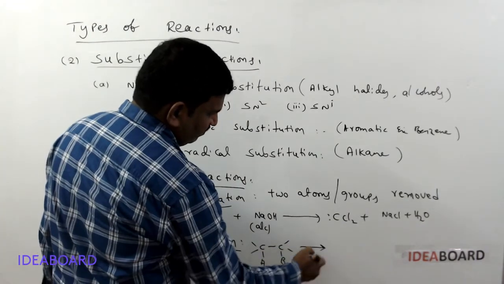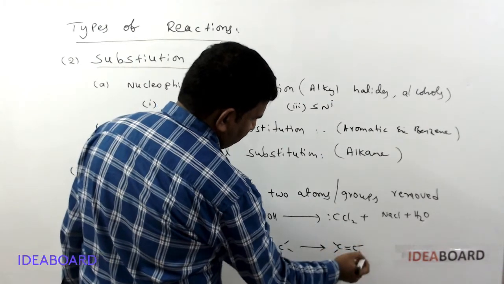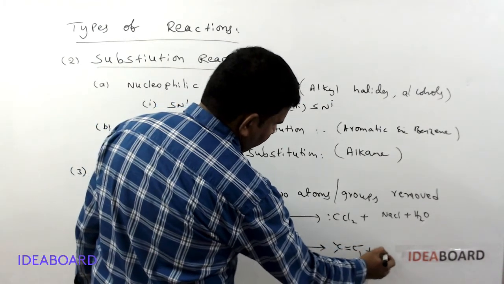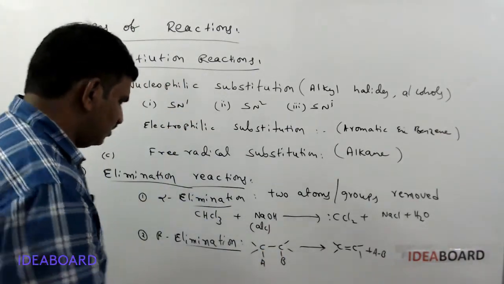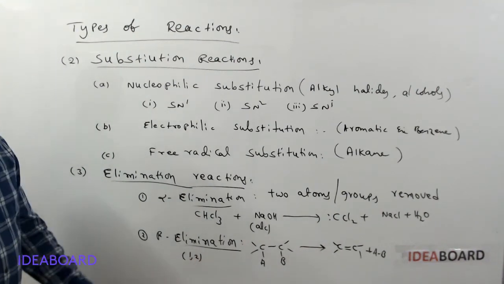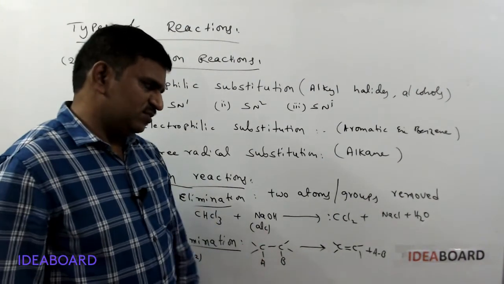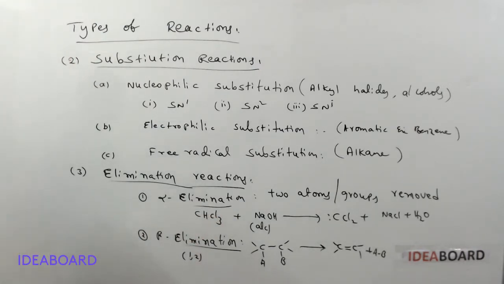If you remove A and B from the adjacent carbon atoms, we get a double bond and A-B is formed. This is beta elimination, or 1,2 elimination.